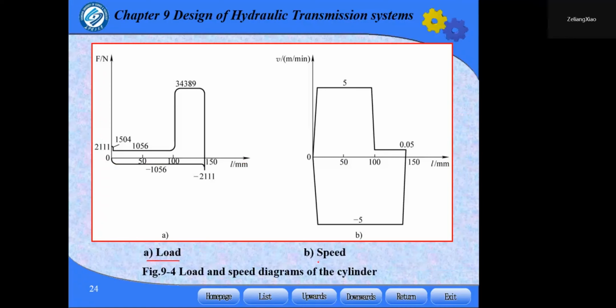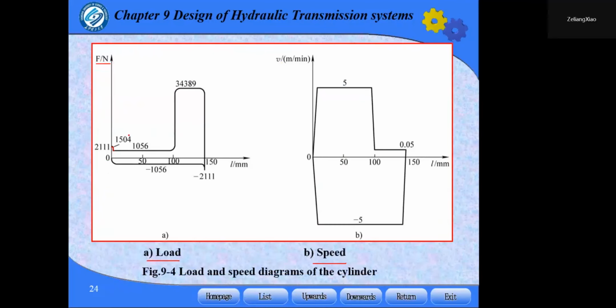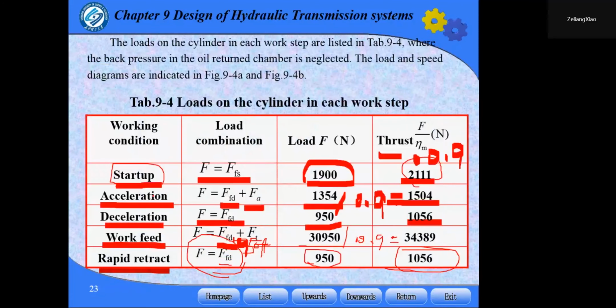The figure is the load and the speed diagram of the cylinder. The force is this one. This is the start-up state. The force is this one, and then the acceleration.